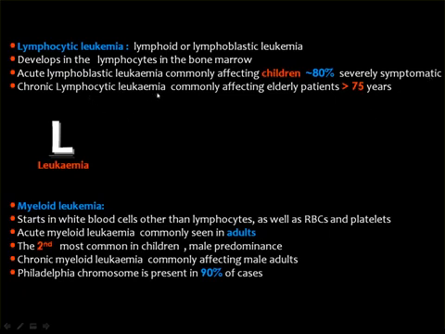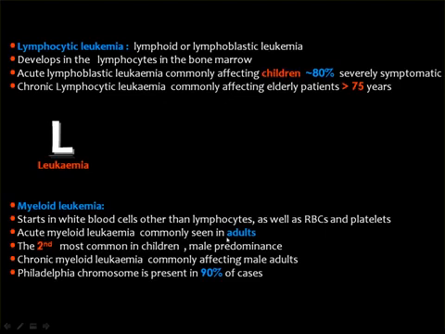Chronic lymphocytic leukemia is commonly seen in elderly patients. Myeloid leukemia affects the white cells other than lymphocytes, RBCs, and the platelets. All these are not included under this title.